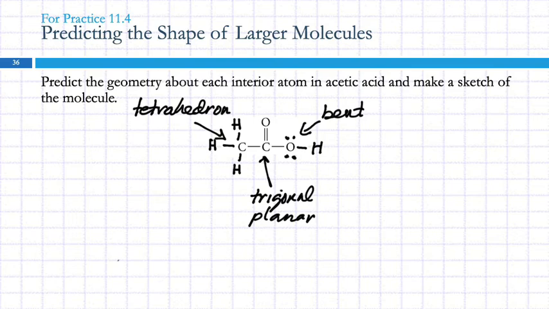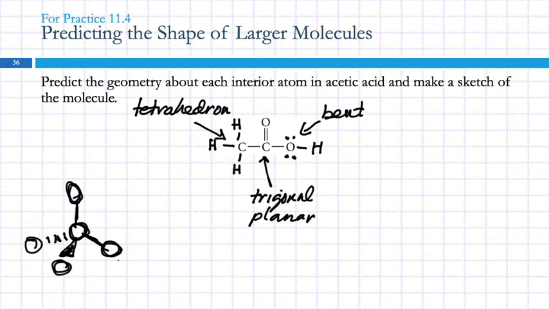So then if I try to draw this, I'm going to make a tetrahedron on the end here. That's, oops, not there. That's kind of the hardest one. And then this is trigonal planar.